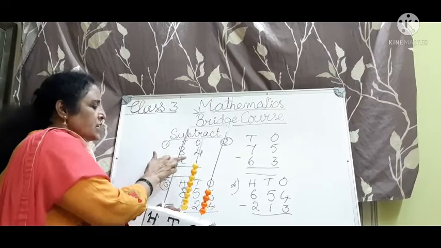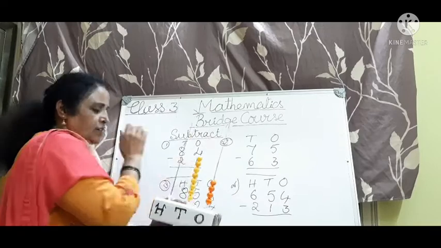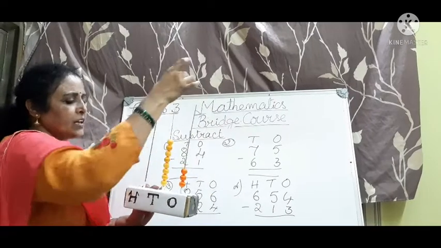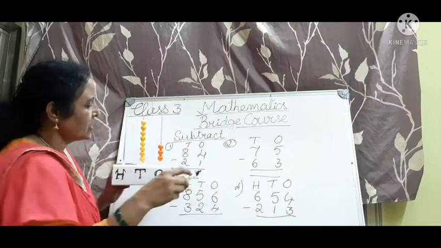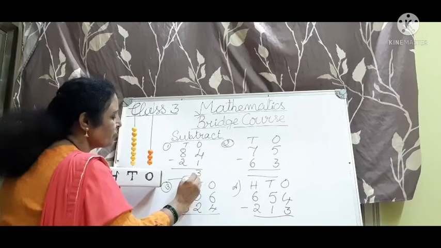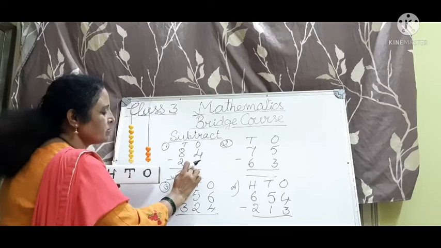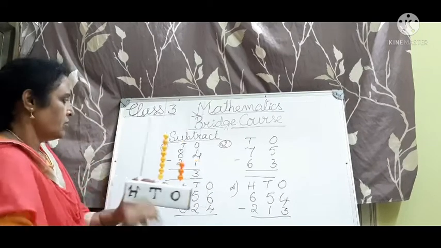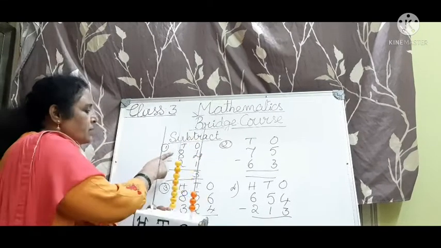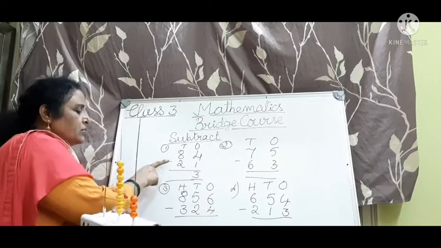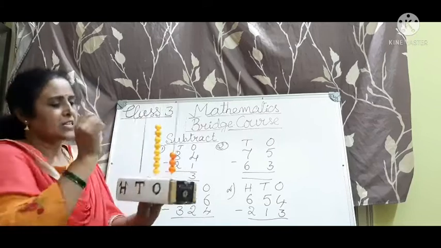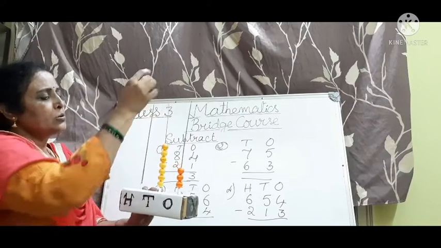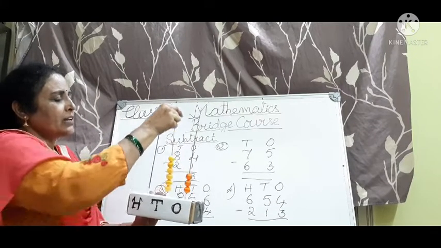From 4 ones we have to take out 1. Now how many are remaining here? 3. Then 4 minus 1 is 3. Now from 8 tens, we have to subtract 2 tens.